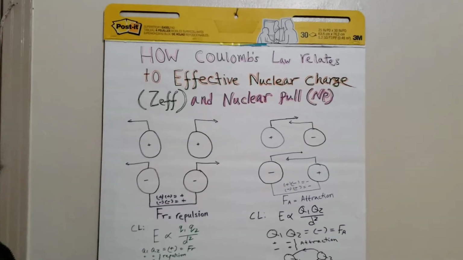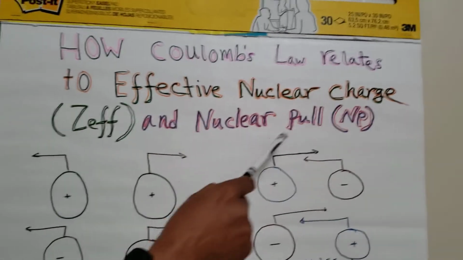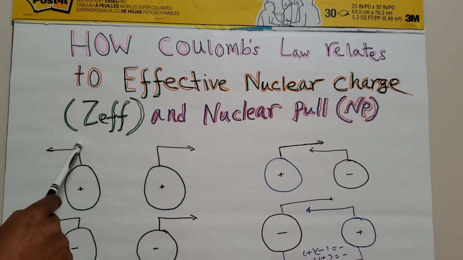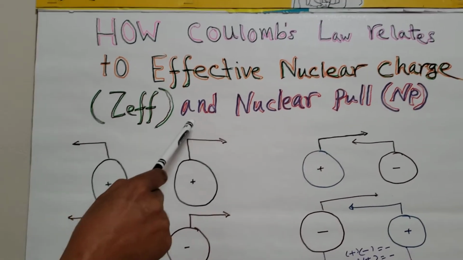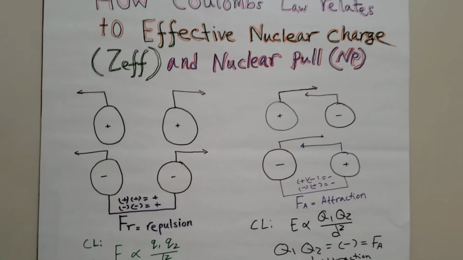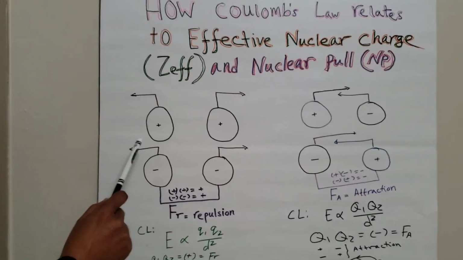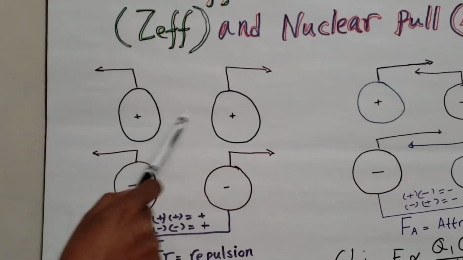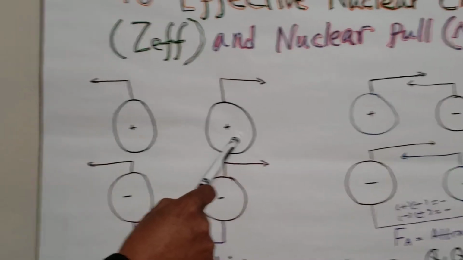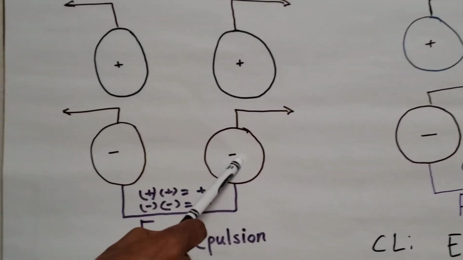Today I am going to explain how Coulomb's law relates to effective nuclear charge, what we call Zeff, and nuclear pull. So just imagine, let's say this is one positive charge, this is another positive charge, and this is one negative charge, this is another negative charge.